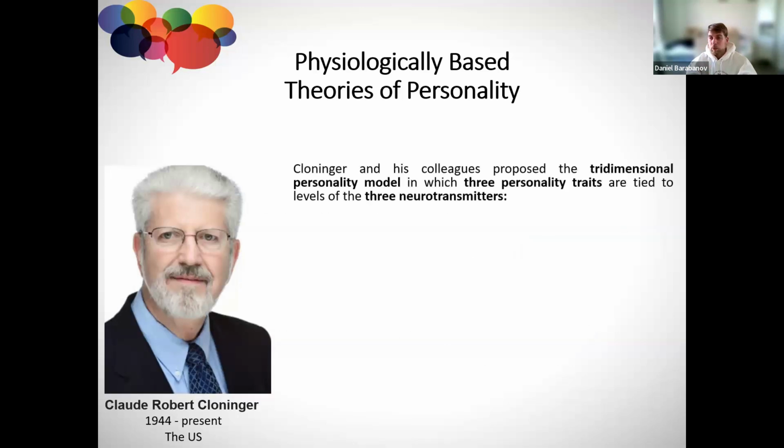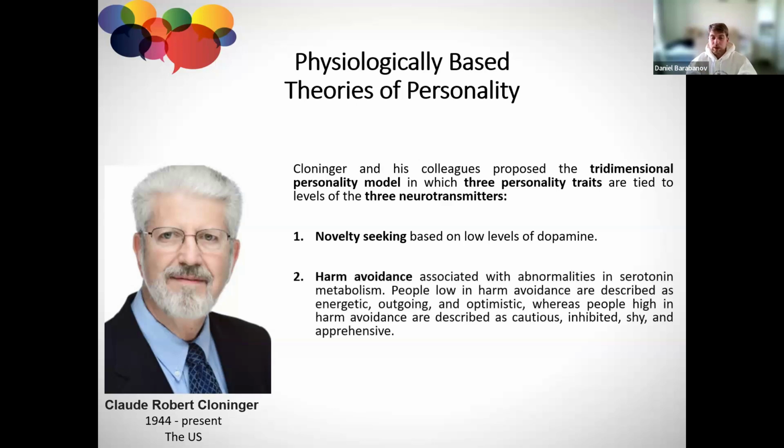Cloninger, one of the famous psychologists, proposed a three-dimensional personality model in which three personality traits are connected with these three aforementioned neurotransmitters. He supposed that novelty seeking or sensation seeking is connected to low levels of dopamine, and harm avoidance is associated with abnormalities in serotonin metabolism and homeostasis.